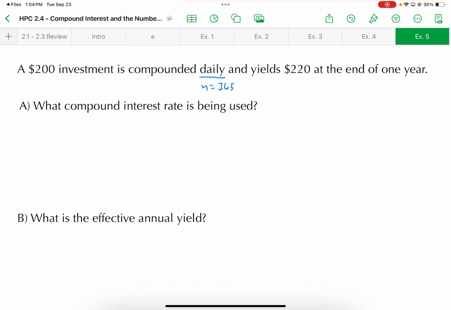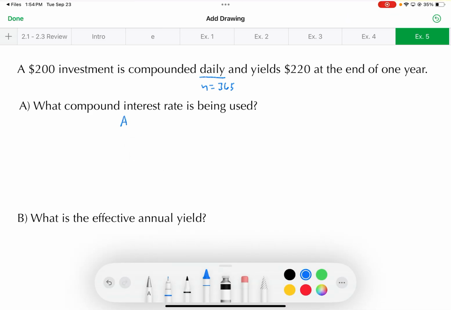All right, so we can go back to this formula. Substitute in everything that I'm given. So my principal in this situation is the $200 investment. It's yielding $220. We'll take the 200, we'll multiply it by 1 plus the interest rate, our unknown, divided by 365 compounds, raised to the power 365 times 1.